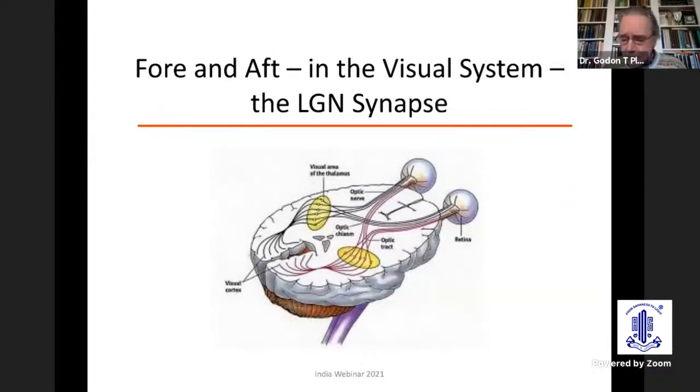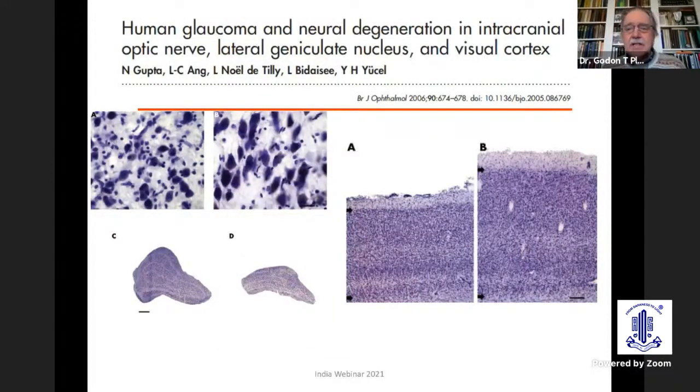And so I've always been very keen on taking advantage of the layout of the visual system with its single synapse between retinal ganglion cell and visual cortex. And these studies began to appear in glaucoma patients saying, oh, they've got brain disease. They've got atrophy not just in the lateral geniculate, but also in the visual cortex.